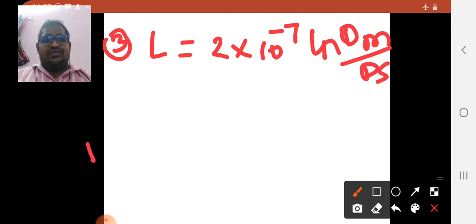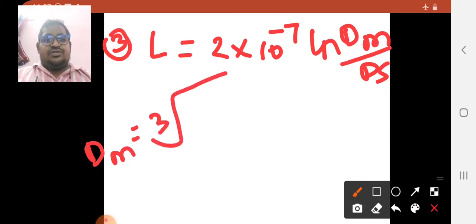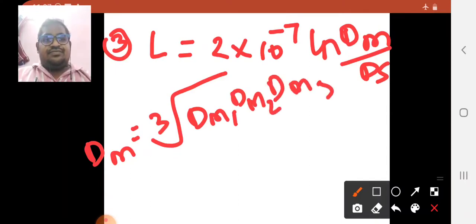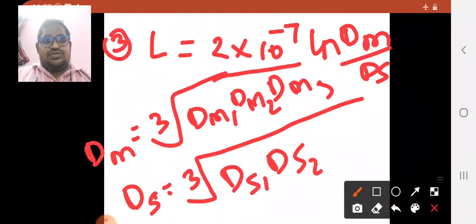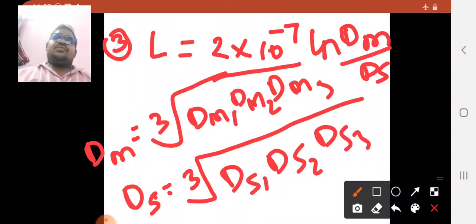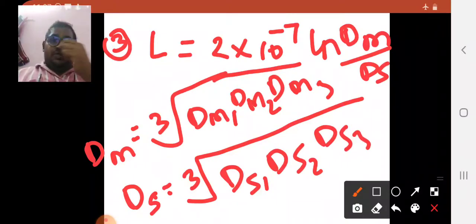Dm is equal to the cube root of DM1 DM2 DM3. Then Ds is the cube root of DS1 DS2 DS3.